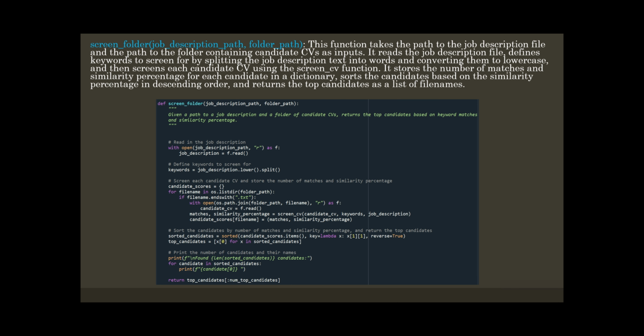Then it screens each of the candidate CVs using the screen CV function from before. It stores the number of matches and the similarity percentage of each candidate in a dictionary, sorts the candidates based on similarity percentage in descending order, and lastly returns the top candidates as a list of file names.